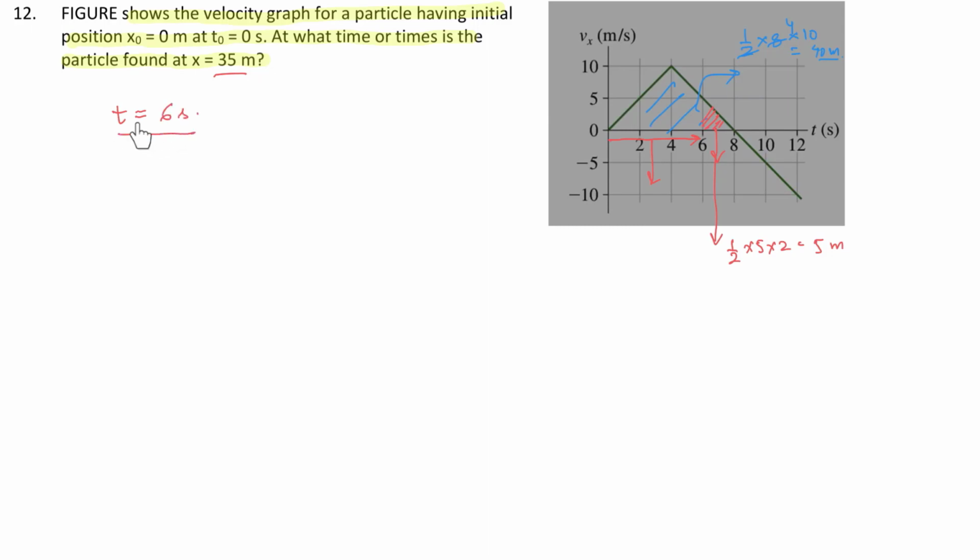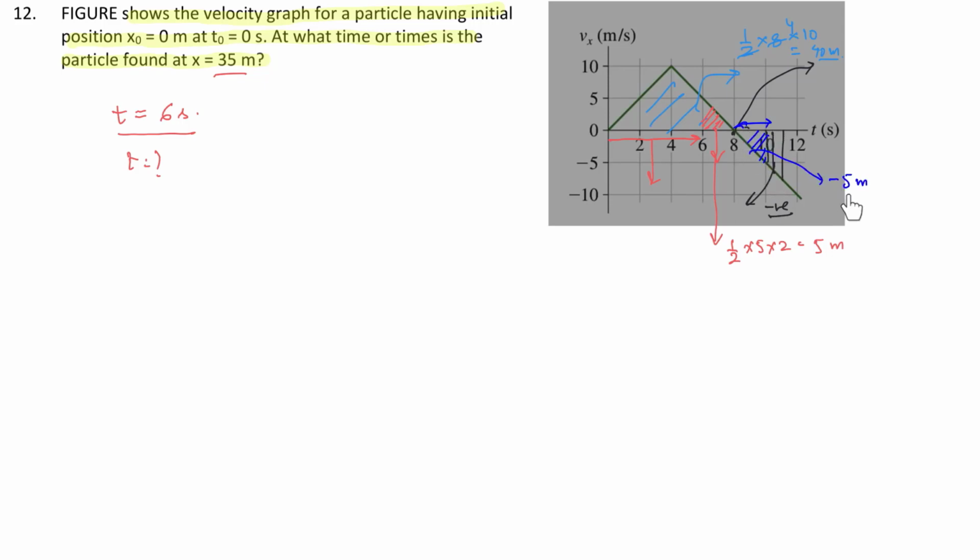So one time is 6 second when position is 35 meter. Is other time possible? Now when x is equal to 40 meter, particle turns back, so again it will come to that position 35 meter. So consider this area is negative. At 8 second position is 40 meter. This is turning point, so we need minus 5 meter.